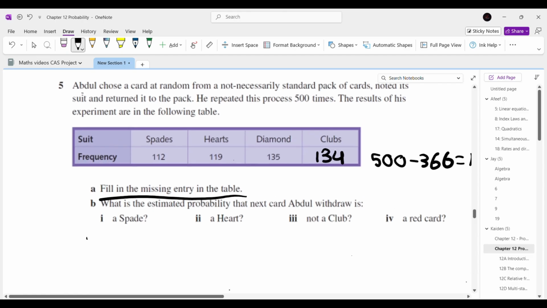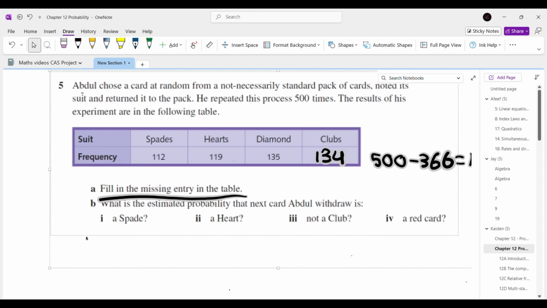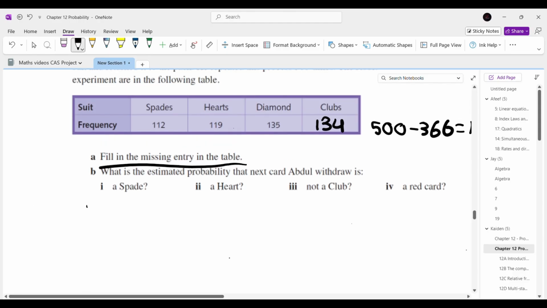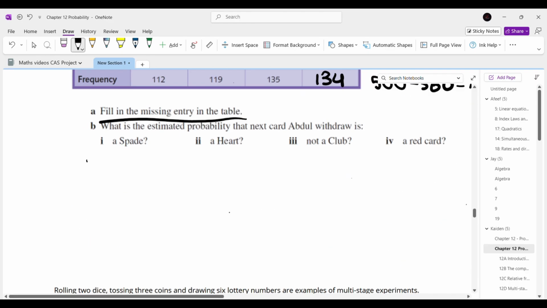Alright, question B. What is the estimated probability that the next card Abdul draws is a spade? So remember, our relative frequency formula is just equal to the number of times that the event was achieved over the total number of trials. In this case, it's 500.